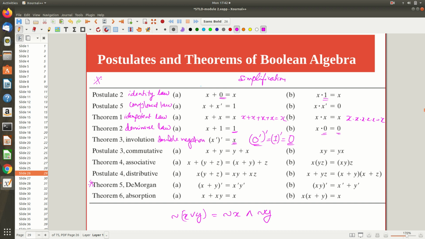So when I am performing the complement of a bigger expression, the individual terms get complemented and this OR becomes AND, like that you can remember. If you are comfortable with it, you can replace the OR with a plus, the negation is the complement, and the AND is your dot. If you are not comfortable with it, let it be there.